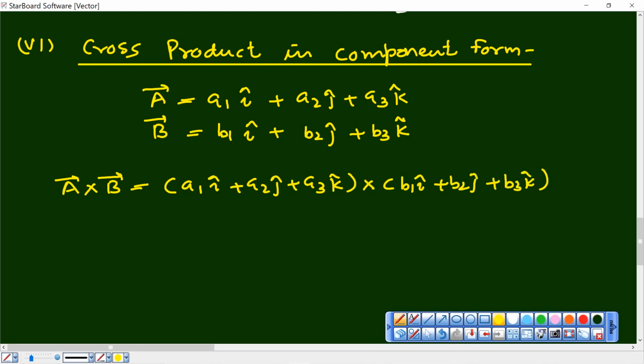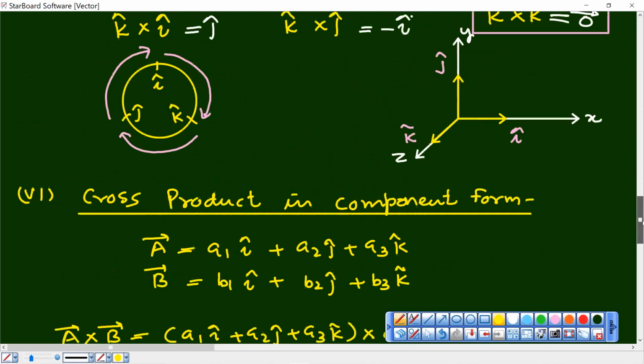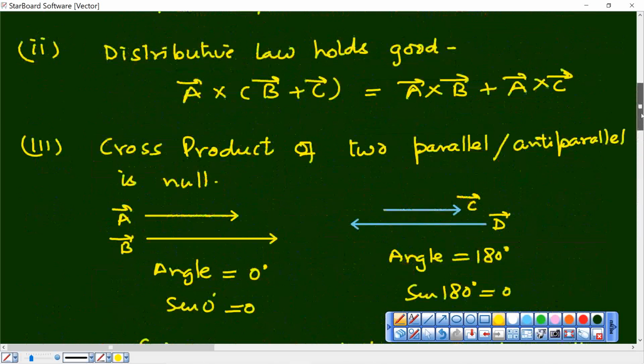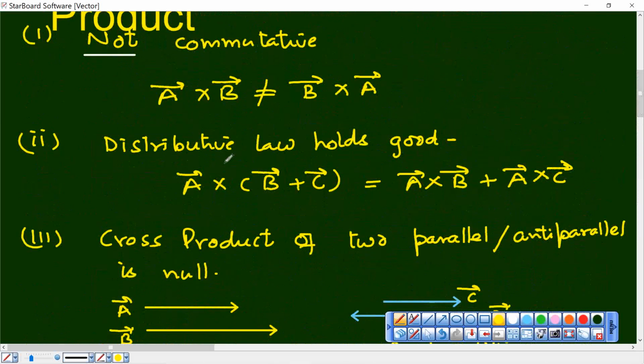Now you know the rule of distribution; we have seen the property in the previous lecture, didn't we? The cross product allows the distribution of a vector over addition and subtraction.